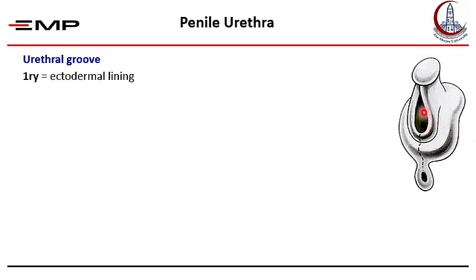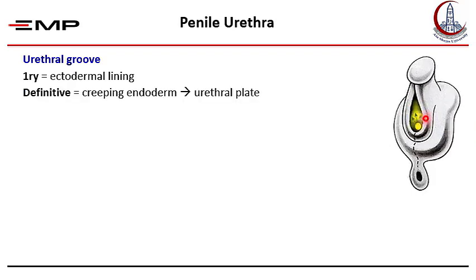The urethral groove is at first primary, lined by ectoderm on the undersurface of the penis. Later, with rupture of the urogenital membrane, endoderm creeps to line it. This endoderm appears here yellow, forming what's called the urethral plate, and this gives the secondary or definitive urethral groove.